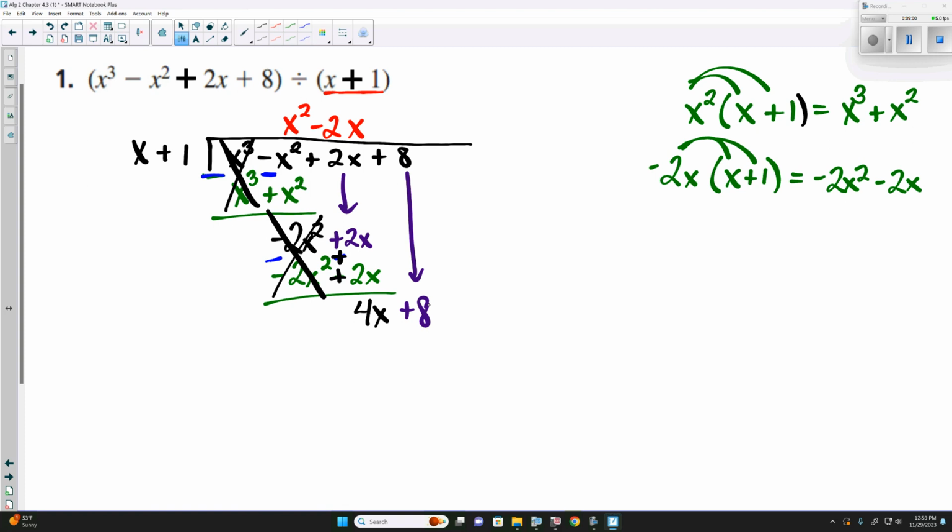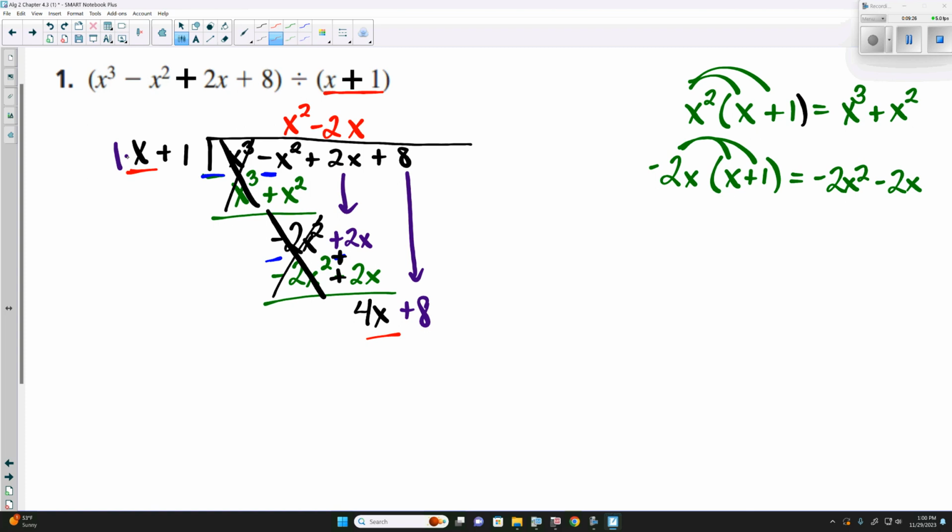We're ready for the last step. Last step. What times x would give us 4x? Almost, because we already have an x, yes? So what are we missing? The 4. So we need to make the 1 in front of the x become 4.